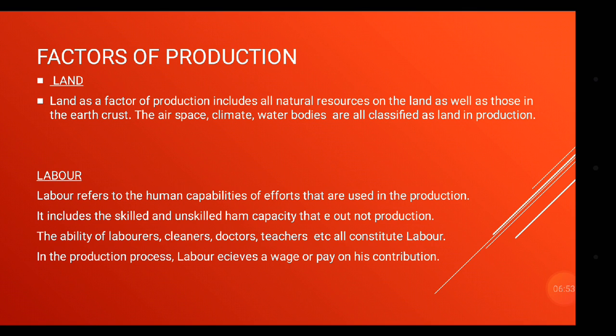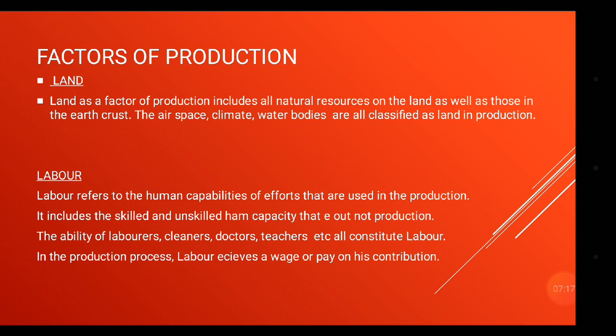And so, in the course of production, labor receives wage or pay on his contribution. And that is why when people work, they are paid. Machines are not paid. Machines are bought for the work. Buildings or plants are not paid.